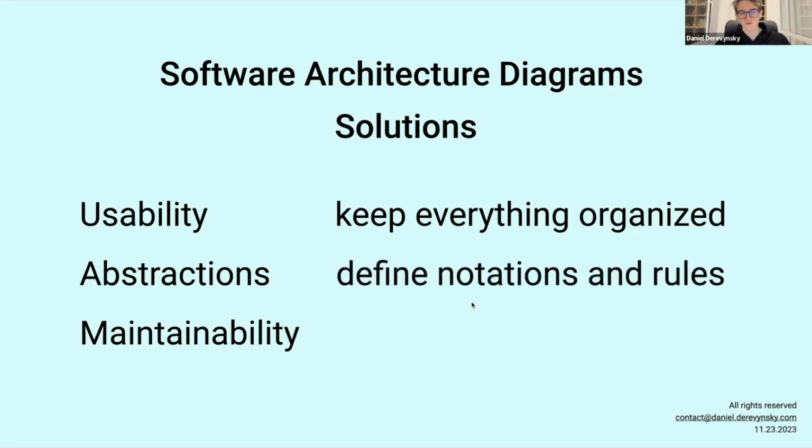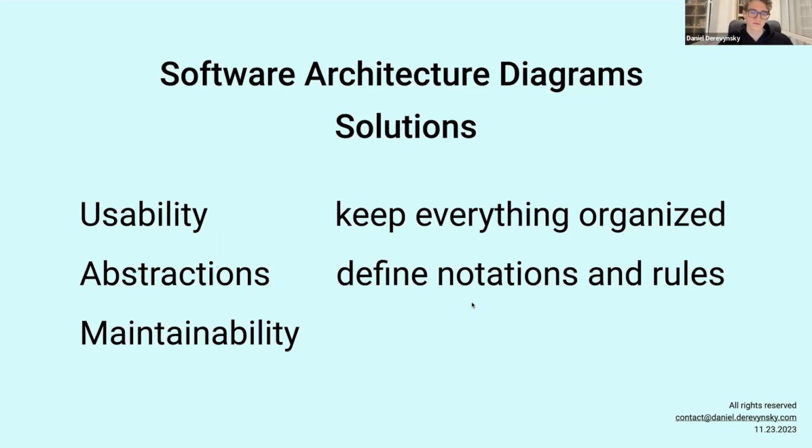For the abstractions, what we can do is define some sort of notation and rules, and software architecture diagrams already have a lot of different kinds of notations. There is notation for how you would describe elements. For example, databases typically are drawn as cylinders, services are drawn as rectangles, and caches are drawn as pipes or whatever.